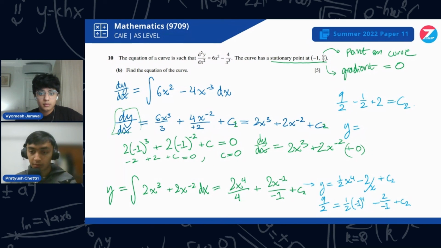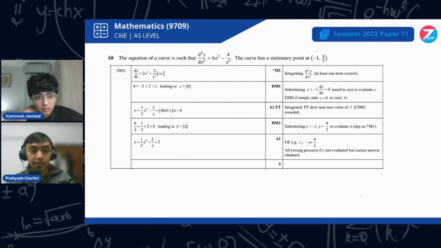Wait. Oh, because this is plus, so this should be minus. Yeah. Okay, so that should give us y equals 1 upon 2 x to the power 4 minus 2 by x plus 2. That should be it. Yes, and indeed, it is.